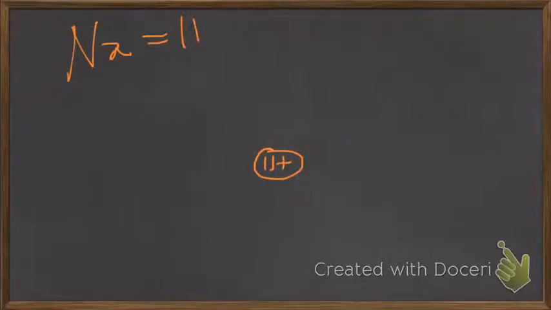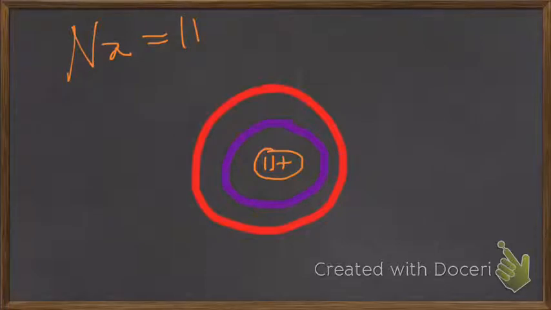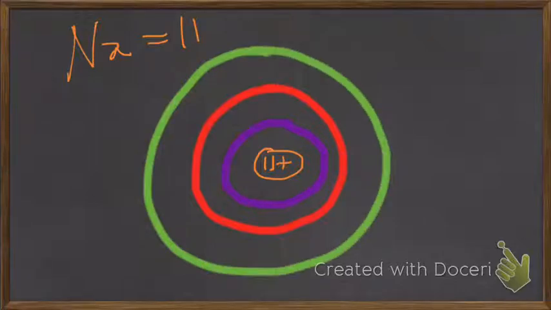Let me do different colors. We have the n equals 1 energy level. Then we have the n equals 2 energy level. And then finally we have the n equals 3 energy level, because its principal quantum number is n equals 3. Very colorful.